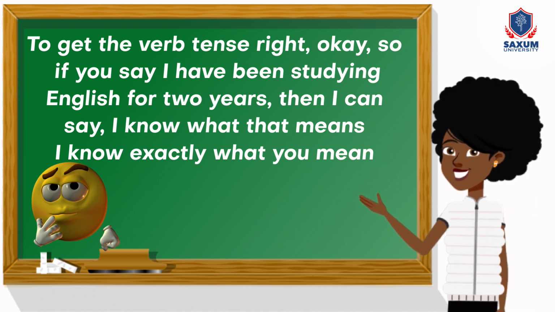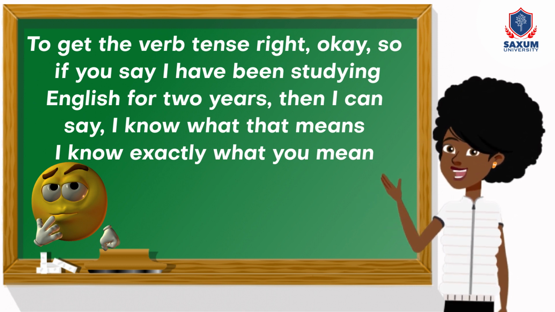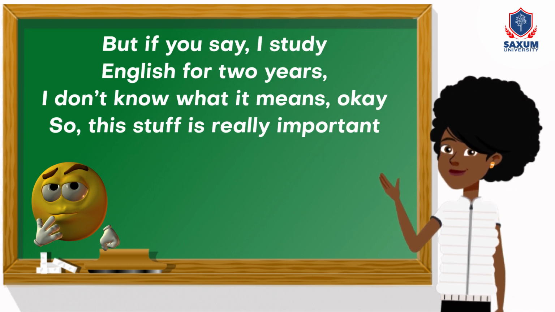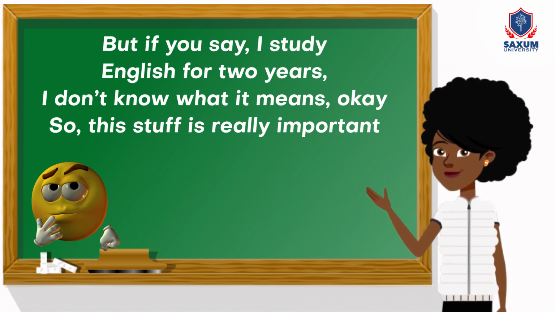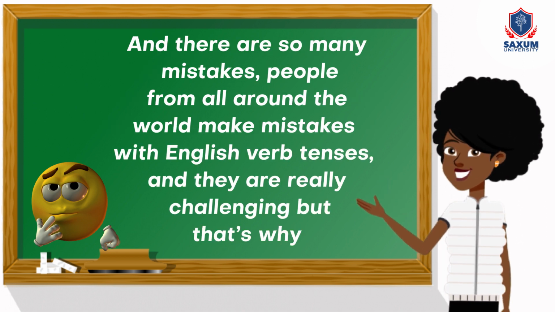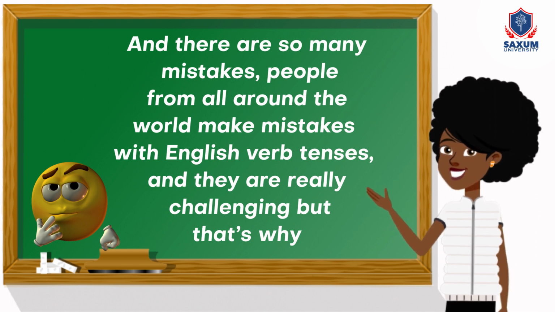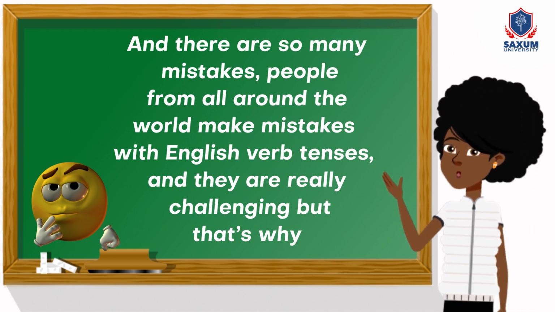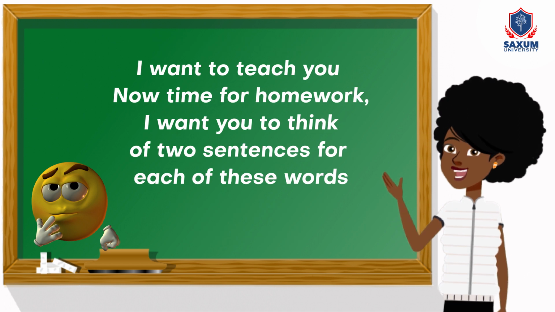So if you say I have been studying English for 2 years, then I know exactly what you mean. But if you say, I study English for 2 years, I don't know what it means, okay? So, this stuff is really important. People from all around the world make mistakes with English verb tenses, and they are really challenging, but that's why I want to teach you.